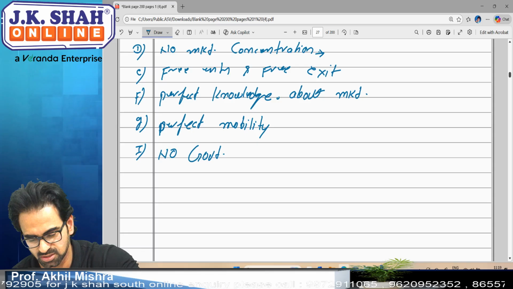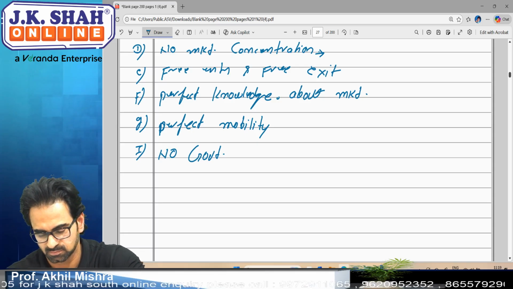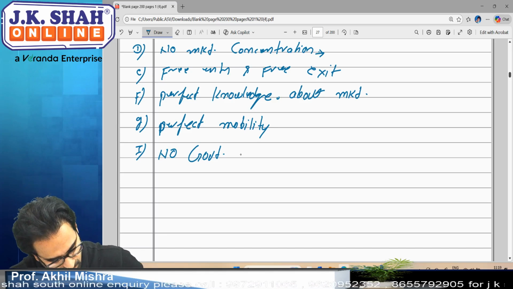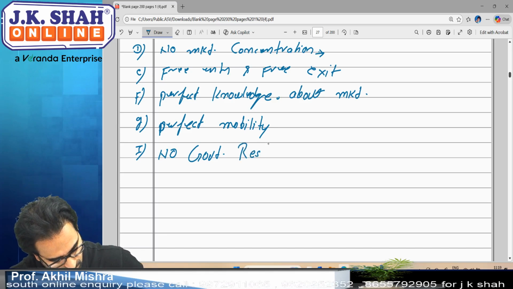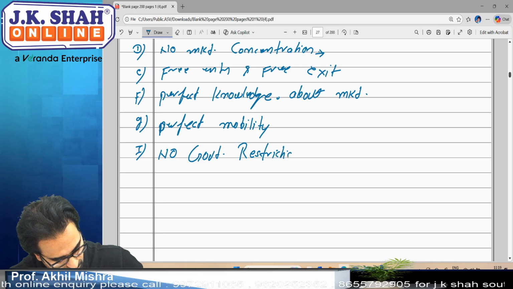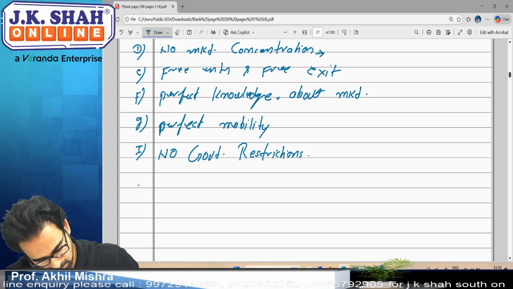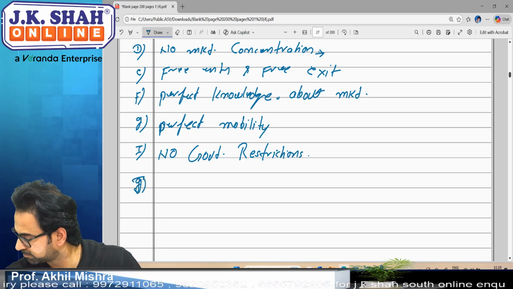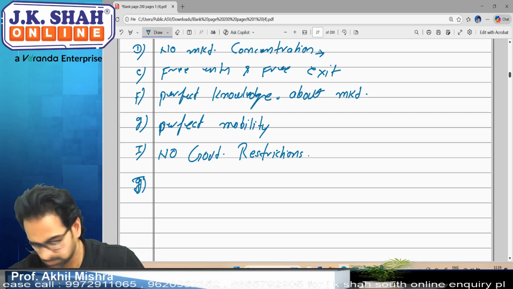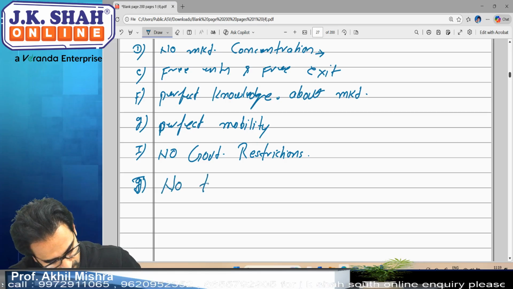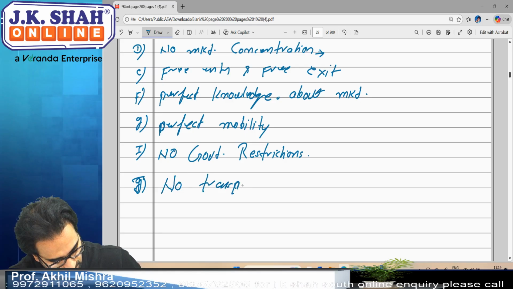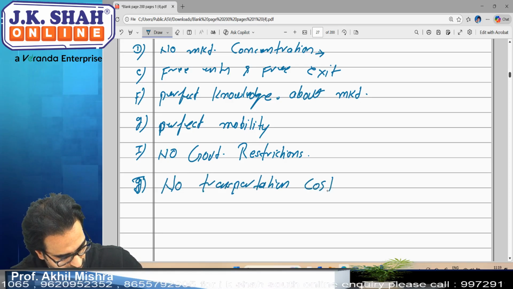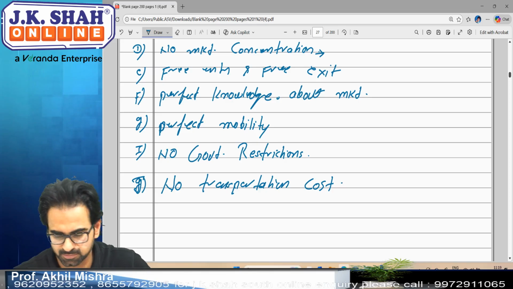Government is not controlling this market at all. No transportation cost.